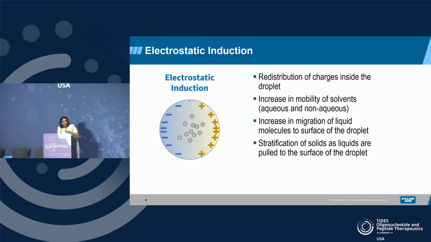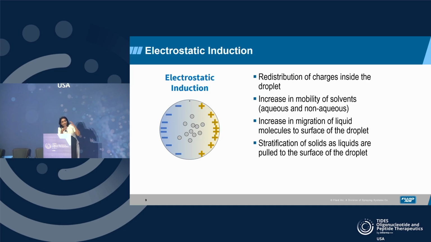Because of this, there is an agitation within the liquid molecules in the droplet. And because of the mobility of those molecules, there is an increase in migration of liquid. When the liquid molecules on the droplet surface are evaporating, because of the change in surface tension, there is movement of liquid molecules to the surface of the droplet.